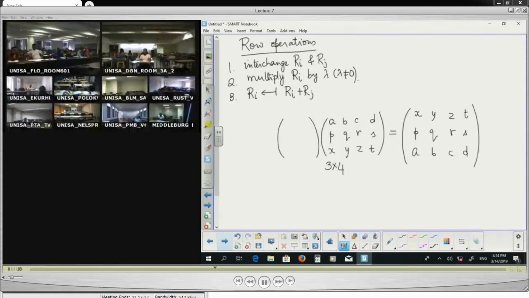Therefore, this matrix has to be a 3 by 3 matrix. Now it's this times this plus this times this plus this times this. Since this has to be x, this must be 0, 0, 1. This way, this becomes y, this becomes z, this becomes t.